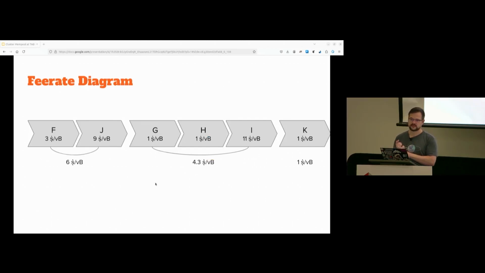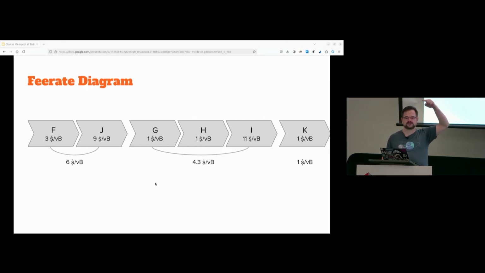We've chunked the linearization into packages that will be picked into the block together and have calculated their fee rates. And you might notice now, if we pick F and J together into the block, they will be picked at a fee rate of 6 sats per vbyte.